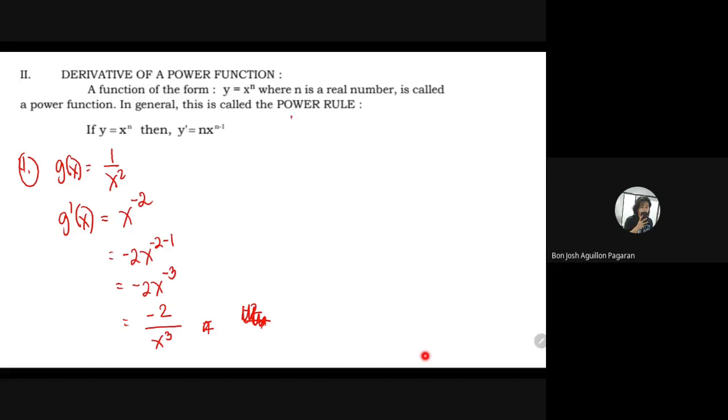Okay? Isa pa. When I have f of x is equal to 1 over the cube root of x. So yung f prime of x niyan, you have to, sorry, it's x. Convert this into y is equal to x to the 1/3. Problema kapag hindi tayo marunong mag-convert from exponential to radical and vice versa, talagang medyo painful sa atin ang lesson na to.